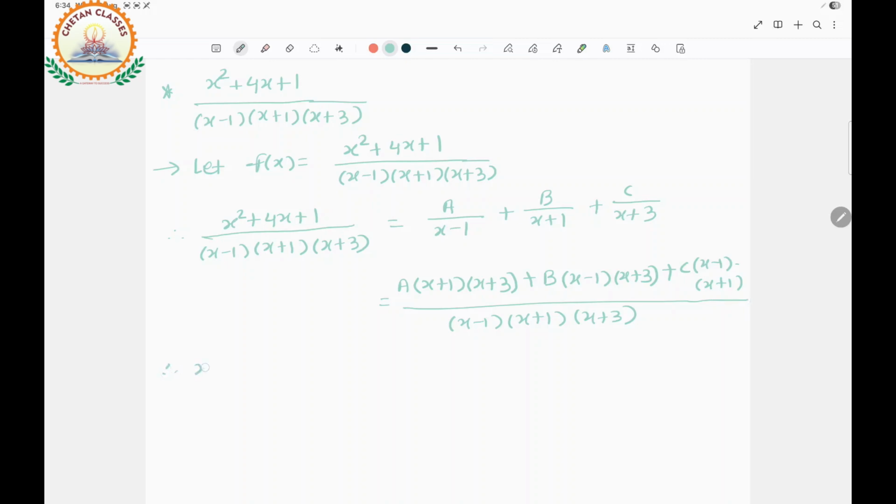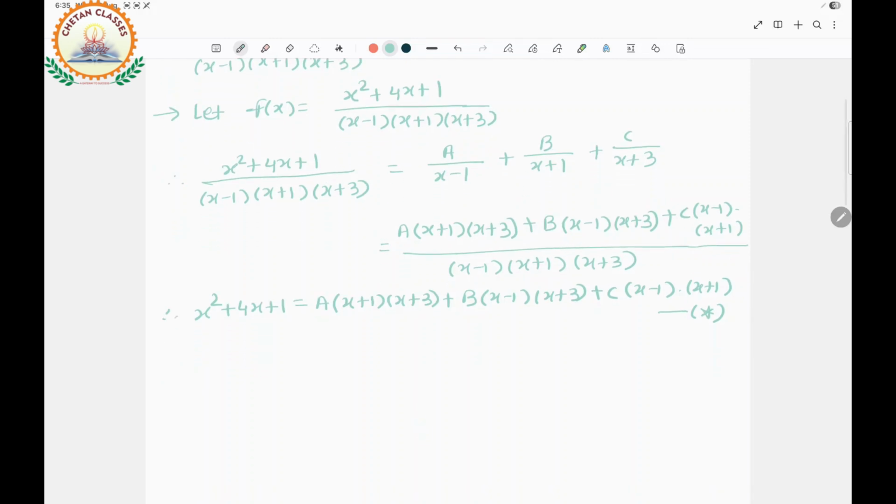Now equate the numerator. So x² + 4x + 1 is equal to A(x + 1)(x + 3) plus B(x − 1)(x + 3) plus C(x − 1)(x + 1). Consider this equation as star.